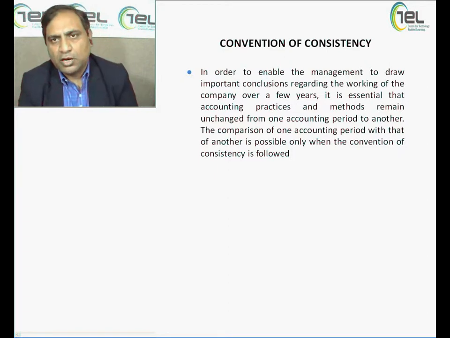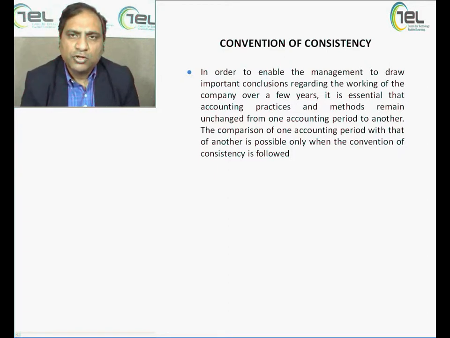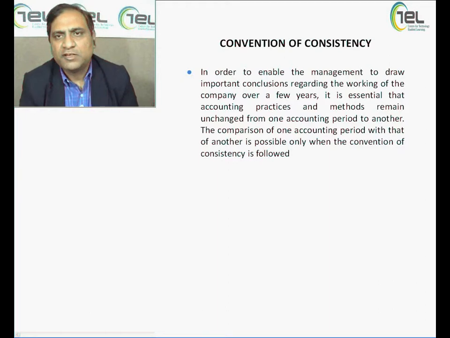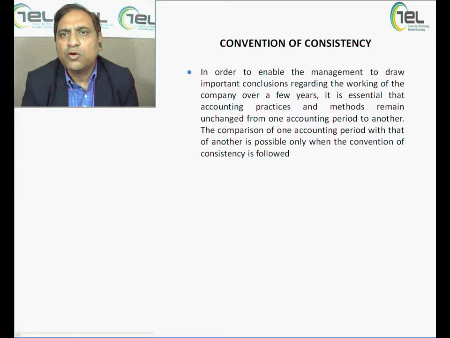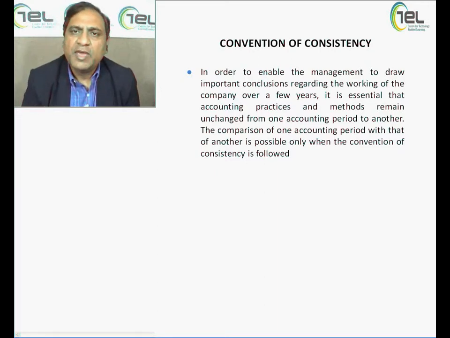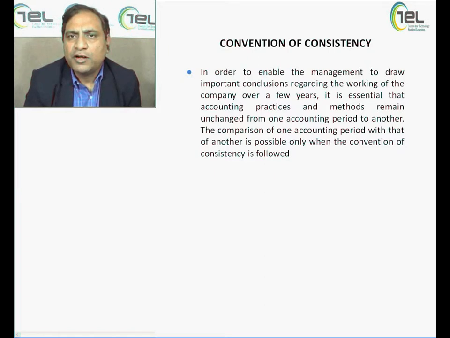In the next accounting period, you change the method from LIFO to FIFO, first in first out. Or let us suppose that in the first year you accounted for depreciation based on the straight line method, 20%. Suppose you have purchased machinery of 100 crores and the depreciation is 20%, and for the first year you have charged depreciation of 20 crores.